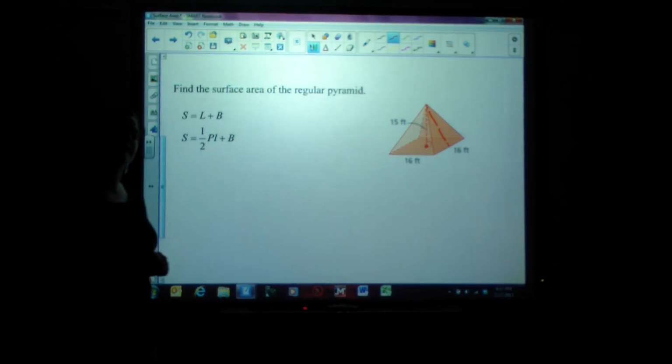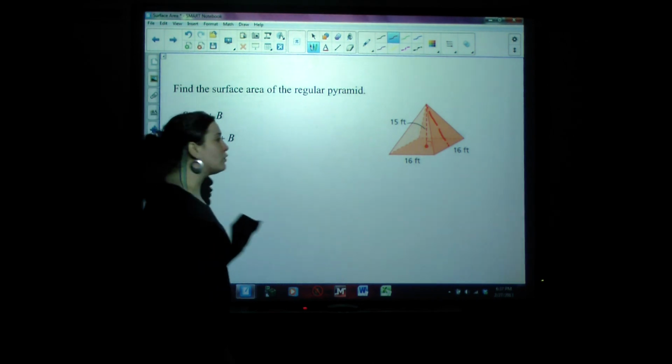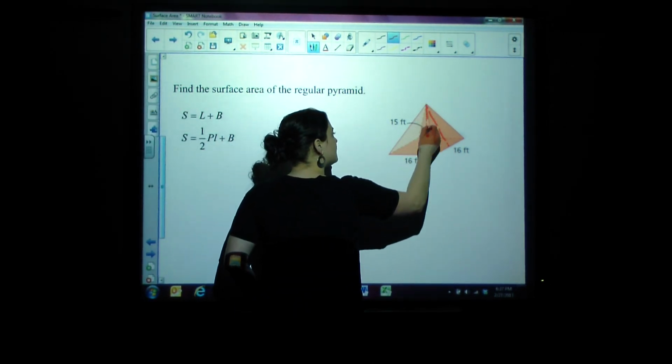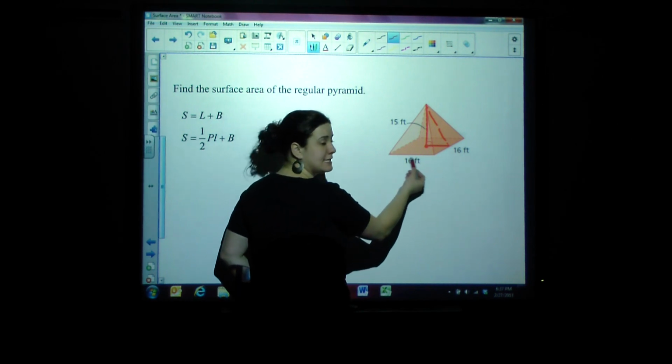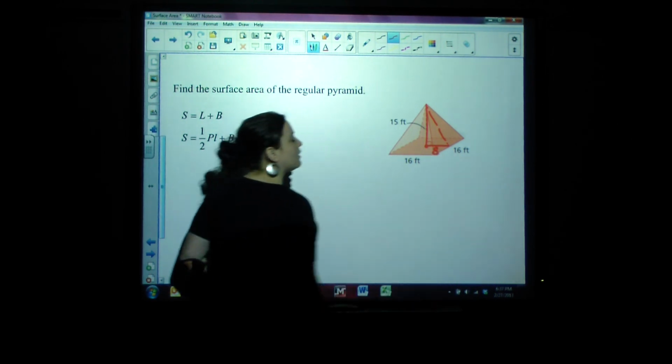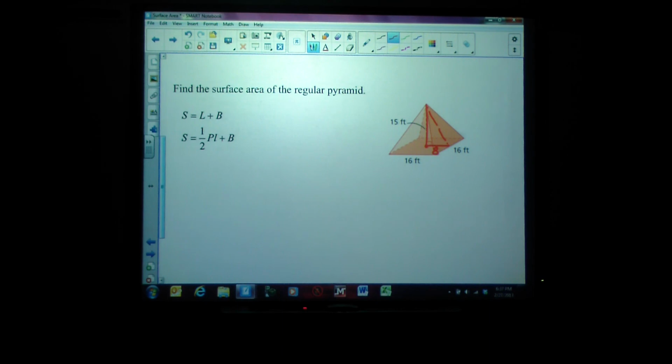We don't know the slant height. What we do know, though, is that this is 15, and this whole side is 16. That means if that was right in the middle, that side is 8. So what I see there is a right triangle. And if you remember anything from the Pythagorean video or your lessons in class, when we have a right triangle, we can use the Pythagorean theorem to find the third side.